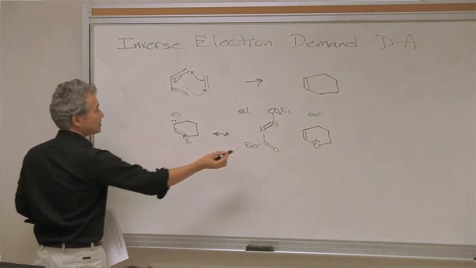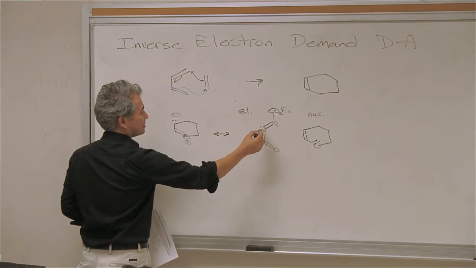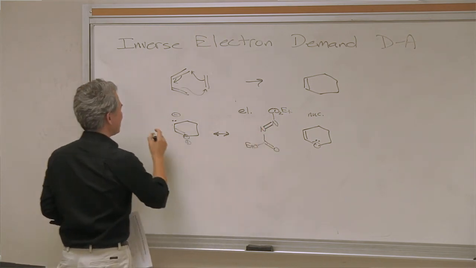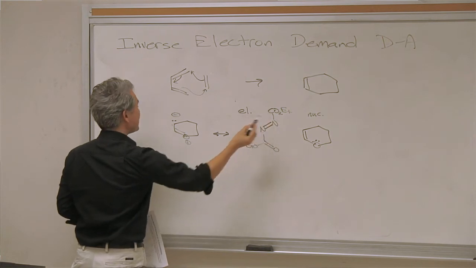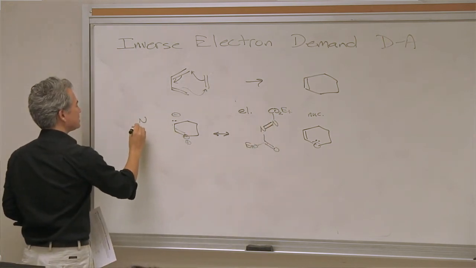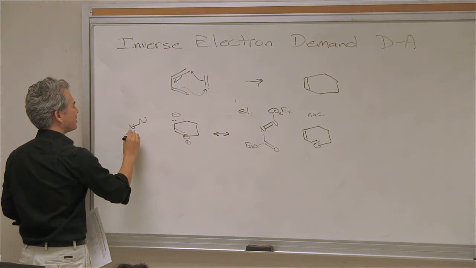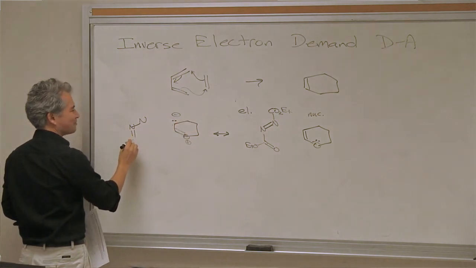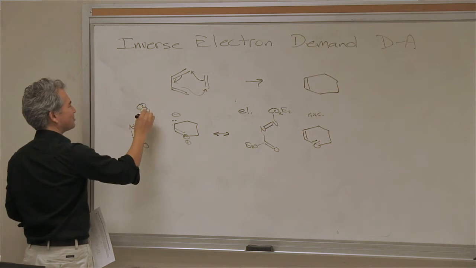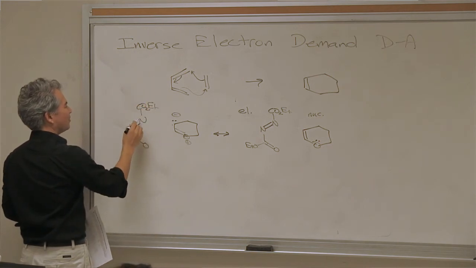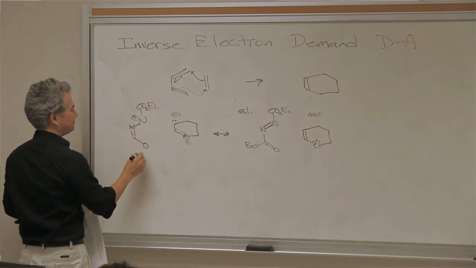And if I redraw a resonance structure for this diazo compound, I would tend to push the electrons to the carbonyl, and I would expect this nitrogen to be the best acceptor. Sorry, I'm not drawing the arrow pushing for the resonance structures. I just don't want to overly increase the complexity here.